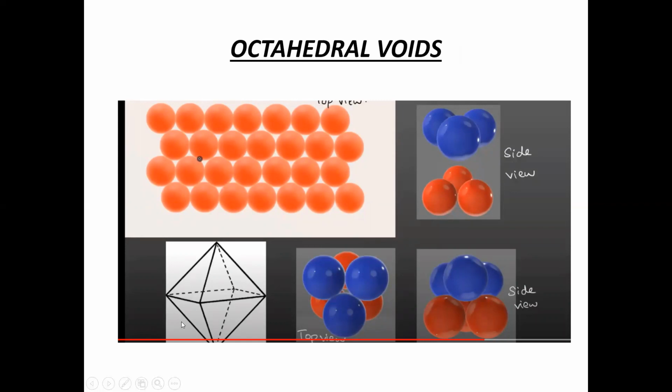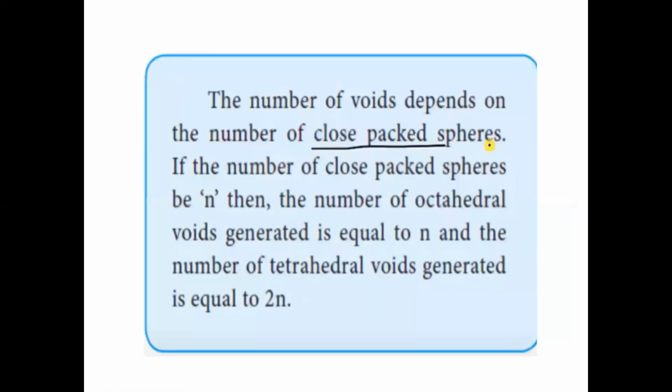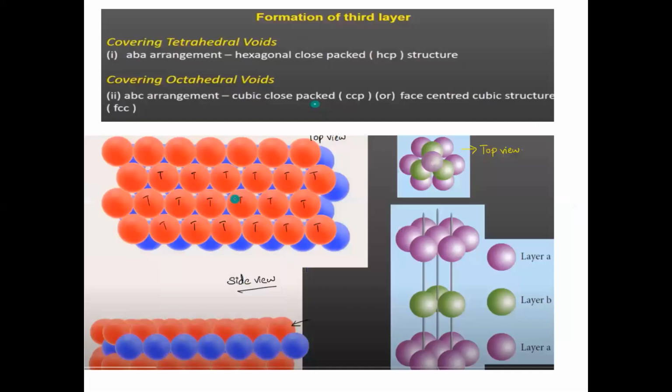This we call the octahedral voids. The number of voids depends on the number of close packed spheres. If the number of close packed spheres is n, the number of octahedral voids generated is equal to n, and the tetrahedral voids is equal to 2n.